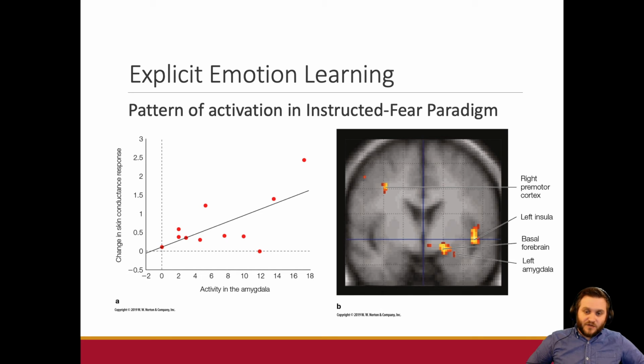Fearful things do not make us feel good. And so, while we learn these things explicitly, the amygdala is critical for that underlying indirect expression of the fear response. So we may be afraid, but we need the amygdala to actually get our body to act afraid, if that makes sense.